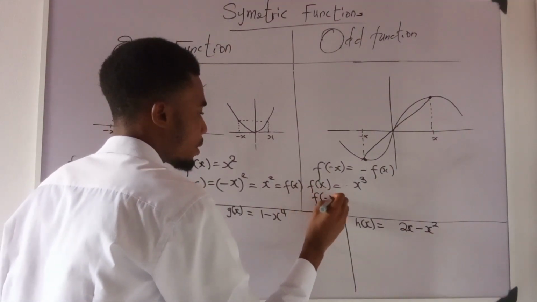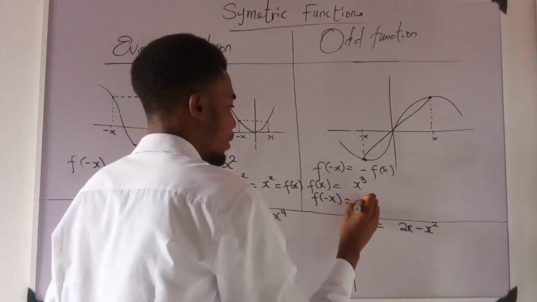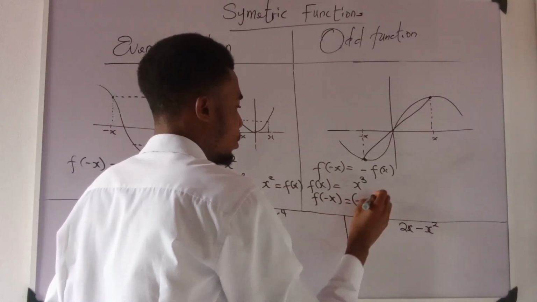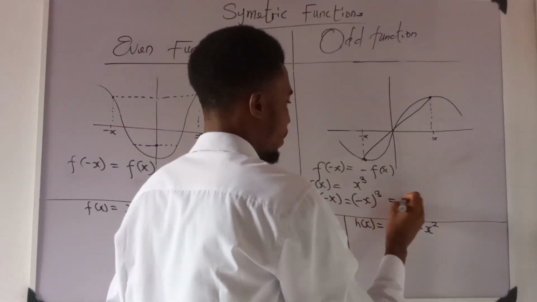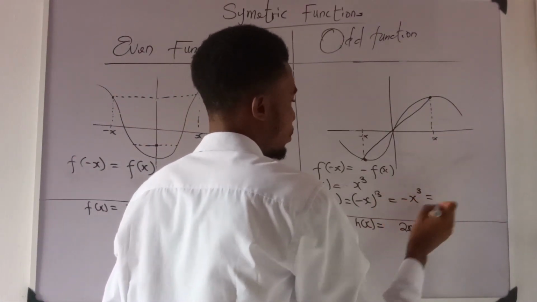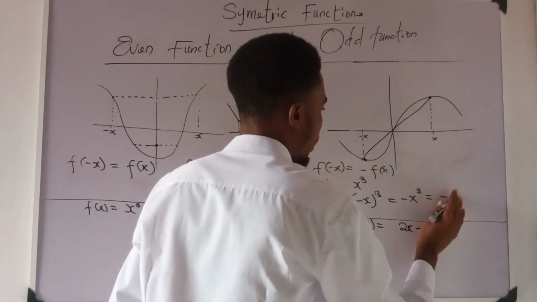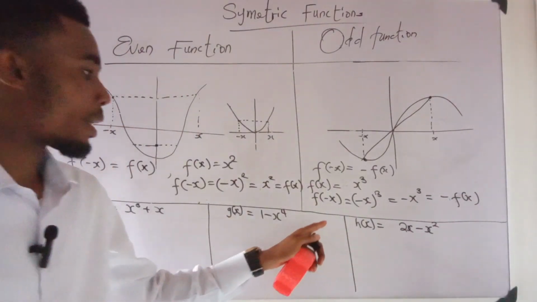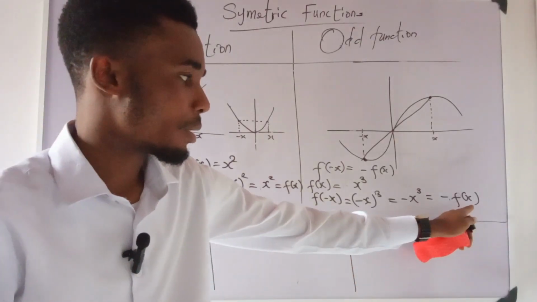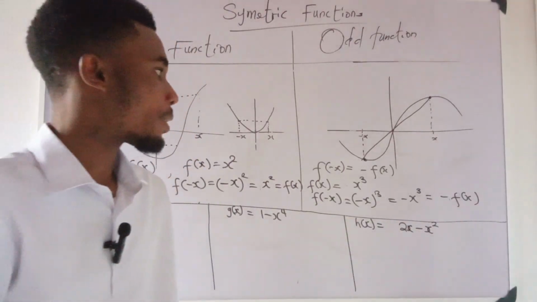F of minus x in this case gives you minus x all to the power of 3, which produces minus x to the power of 3, which gives you a negative of f of x. So you can see that f of minus x in this case gives you a negative of f of x.